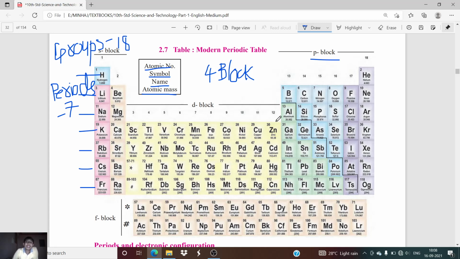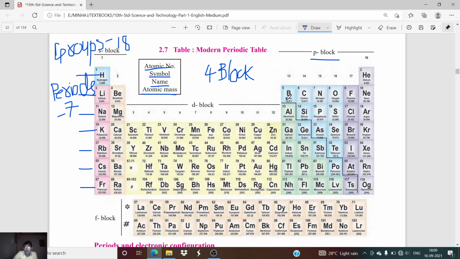Whereas in P block you will find non-metals, inert gases and metalloids. What type of elements are there in P block? Non-metals are there, inert gases are there and metalloids are there.